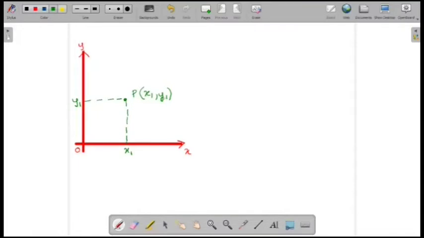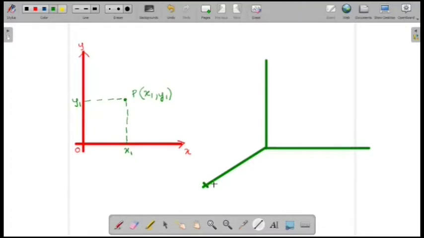Okay, that's quite simple. But if the same point has to be represented in a three-dimensional way, then what do we do? Then I introduce another axis. Okay, so now let us consider a three-dimensional axis. What I'm going to do is consider three axes.